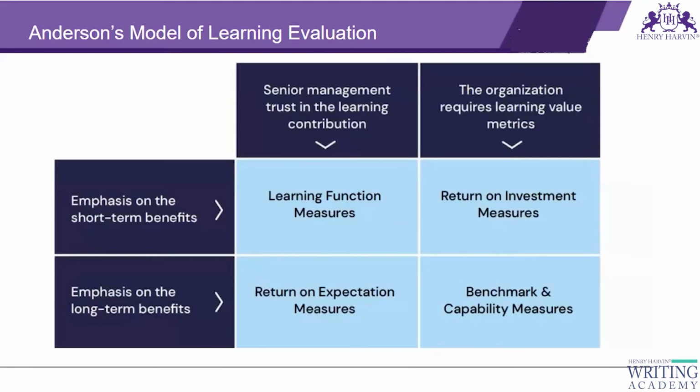And in terms of organizational requirements, what are they? Return on investment. So the company owner or the founder is going to see that, okay, I am spending so much on training, so how much revenue is coming in? So return on investment, how much it is. That is how the CEOs or the founders are going to look at this particular data. And in the long run, what are the benchmark and capability measures?